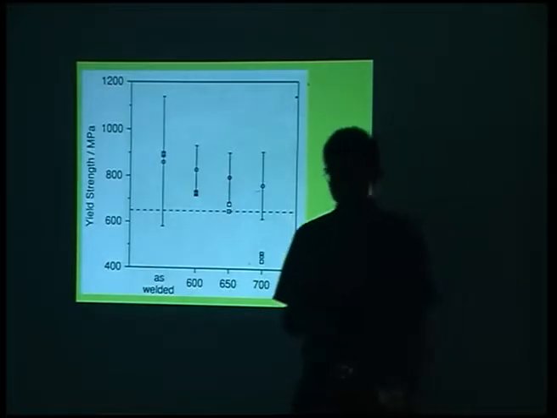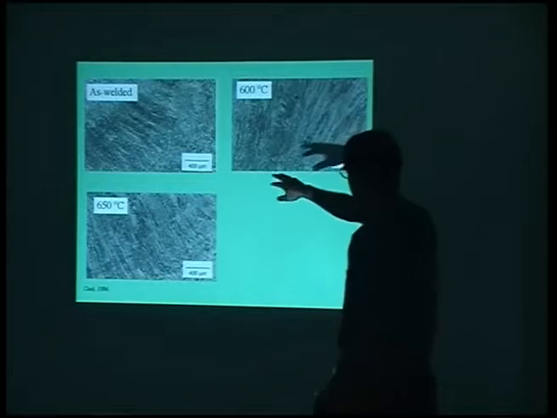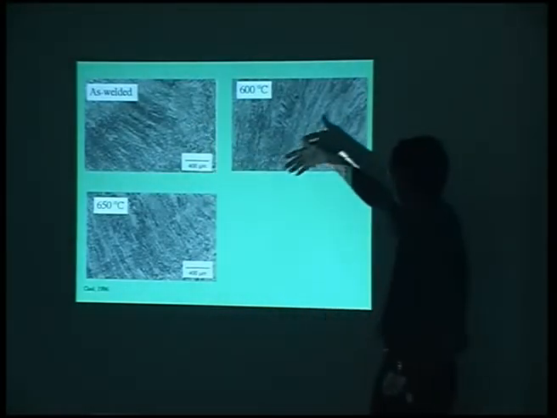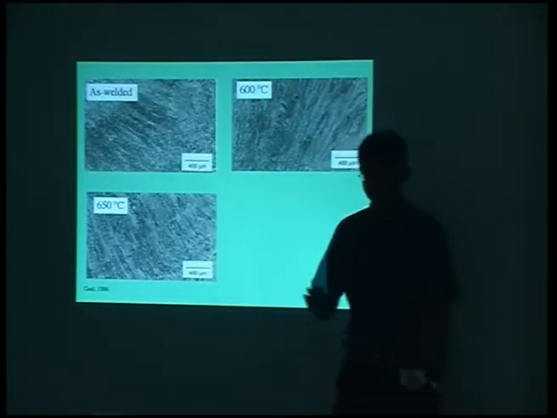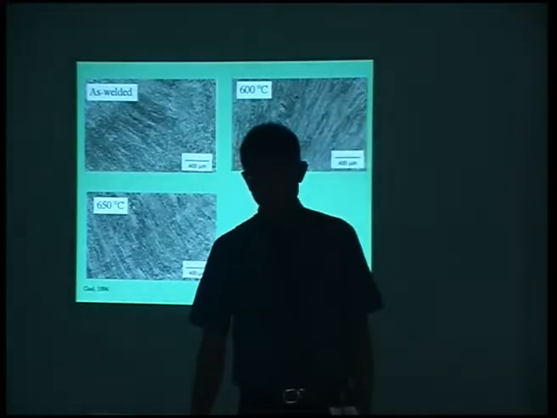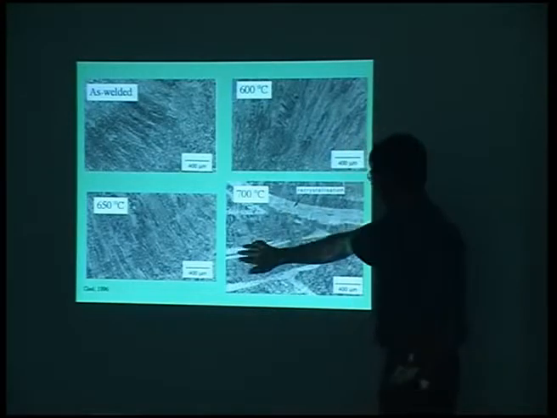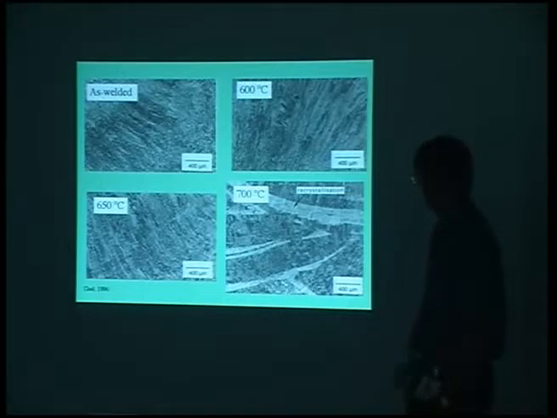Well, the microstructure was supposed to be bainitic, and sure enough, in the as-welded condition, without going into details, this is a bainitic microstructure. Tempering at 600 degrees centigrade, all is well, 650 degrees, all is well. If I show you now what happens when we temper at 700 degrees centigrade, you get these large regions which are recrystallized. So the strength is actually very low compared with what we expect.